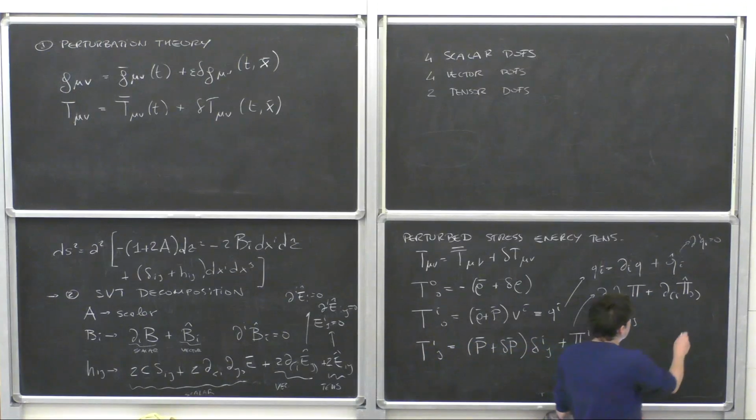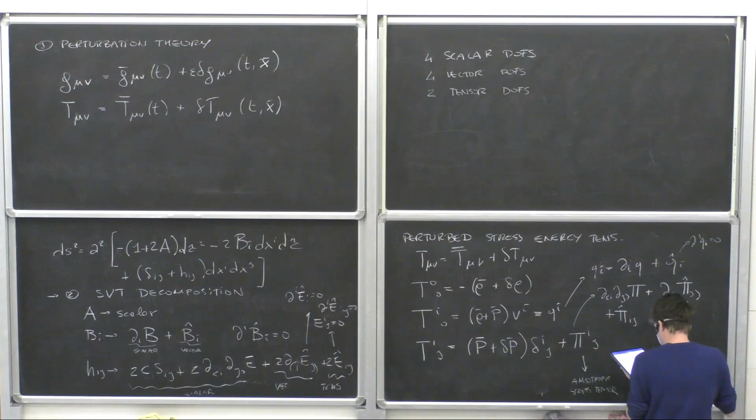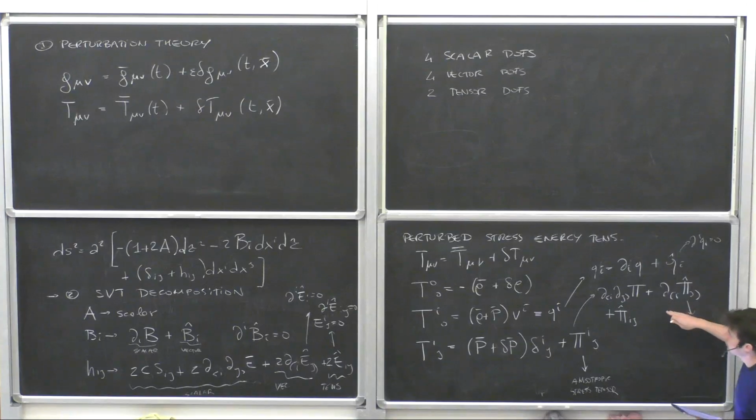Now again, when I call these vectors and tensors, clearly these are not vectors and tensors in 4D space, right? These are vectors and tensors on the 3D maximally symmetric foliations, okay?